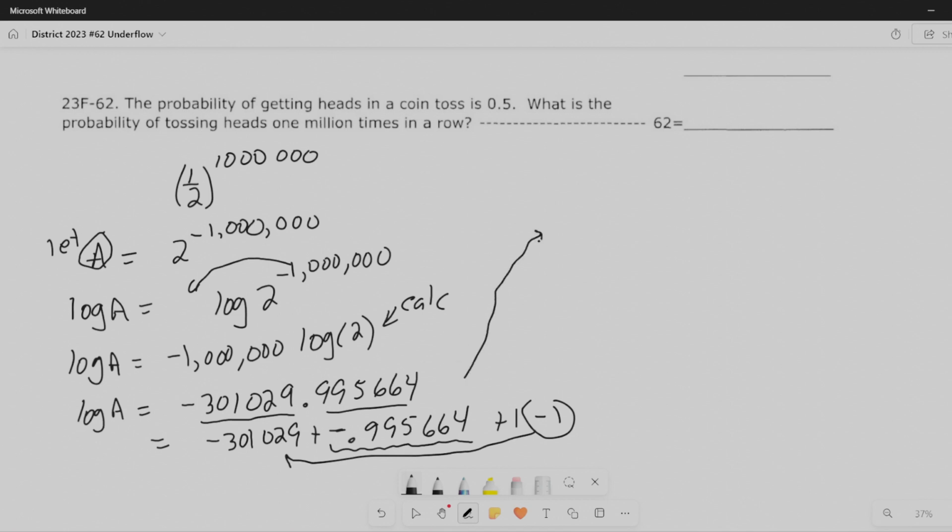So continue our work. Log of A is equal to negative 301,031 because I've added the negative here. Now plus, now I can have the decimal part being positive.